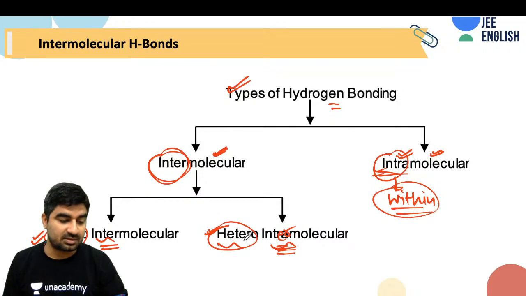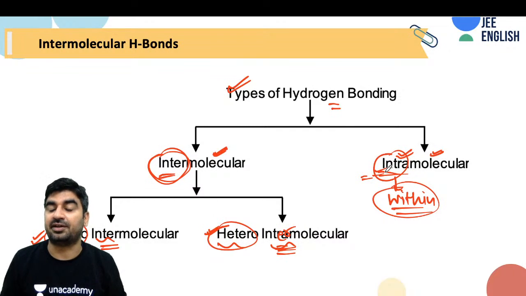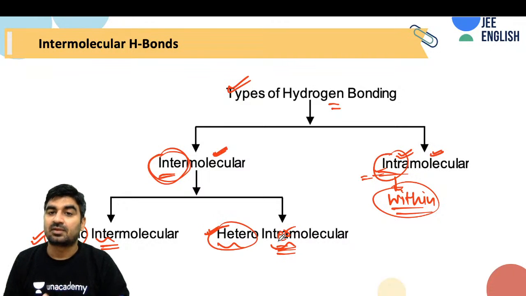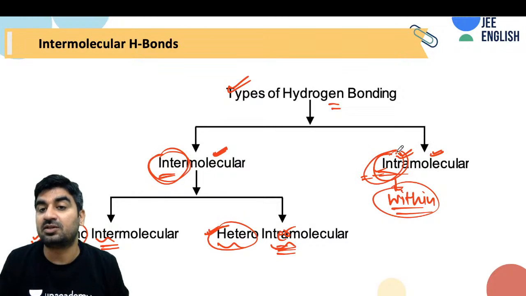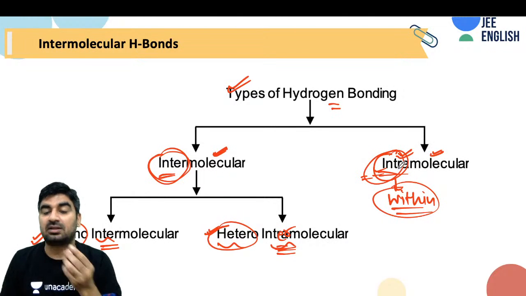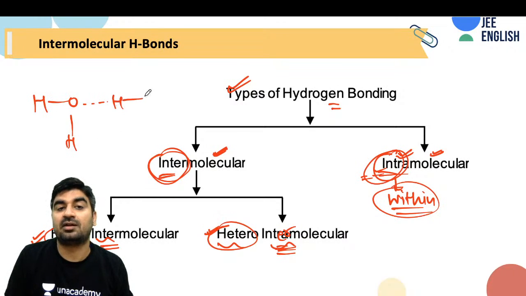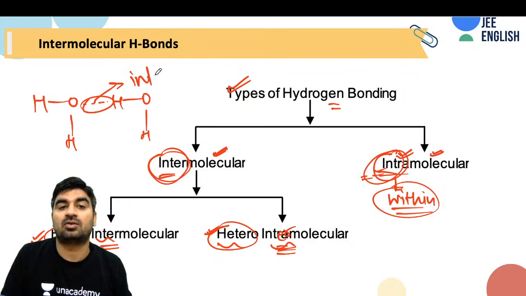So now I will discuss. First of all, you should know about the difference between inter and intra. Inter means between two molecules. Intra means within the same molecule. If hydrogen bond is present within the same molecule, then it will be called intra. And if it is between two different molecules, like one water molecule and another water molecule, then I will call it inter.